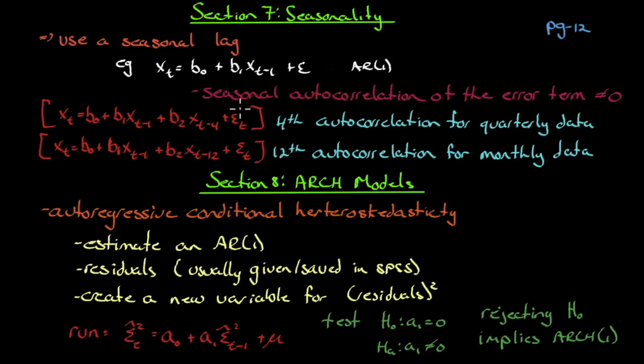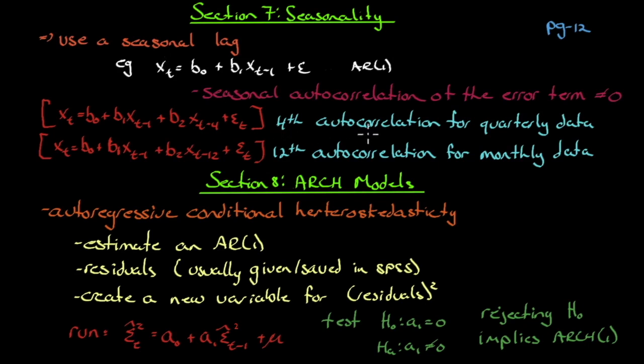And by this we mean that if you're looking at the autocorrelations, let's say 4 quarters back, lag 1, lag 2, lag 3, lag 4, 1, 2, and 3 show no significance, which means we have no autocorrelation, but the fourth one does. Or if you're looking at monthly data, months 1 through 11 show nothing, but the 12th one does. All you have to do is just add a lag at that point in time.